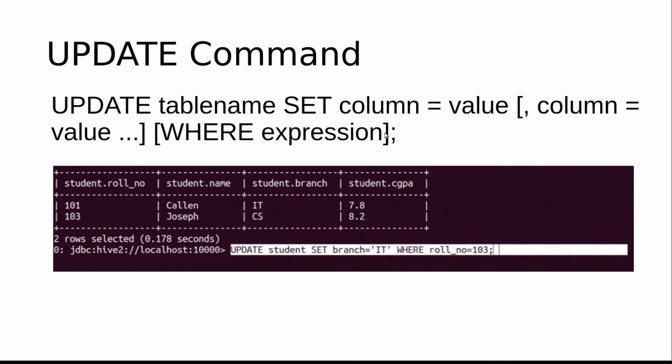Then next is the update command, and you need to set a new value. Like here, see, Joseph is the student name, and his roll number is 103. Here it is CS, the student branch, but now we have changed it to IT, so it will change.